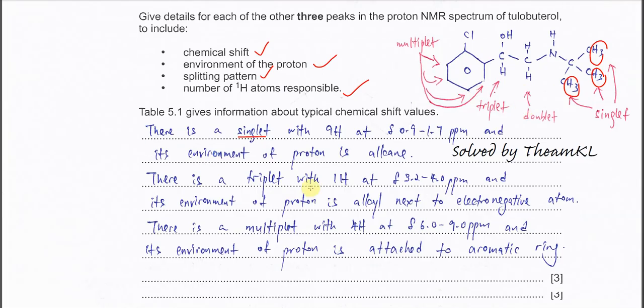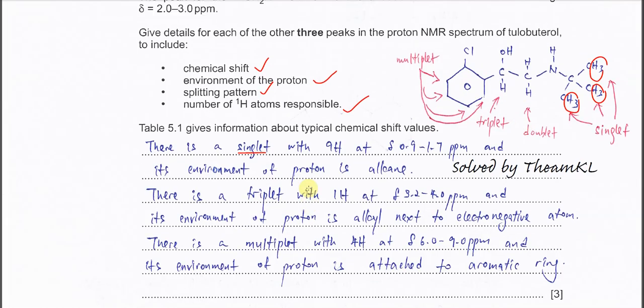Now let's move on to the second signal, I mean this one. This proton will not couple with this proton because the C is attached to O, right? So this one will not couple. This proton will only couple with these 2 protons, so it's 1 plus 2, and you see a triplet there.